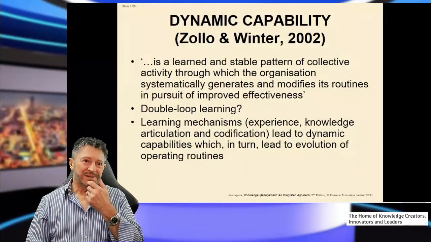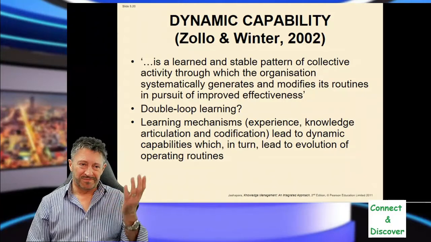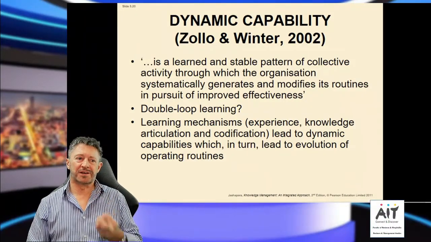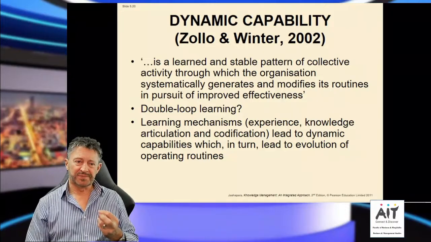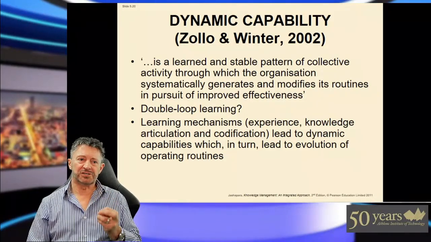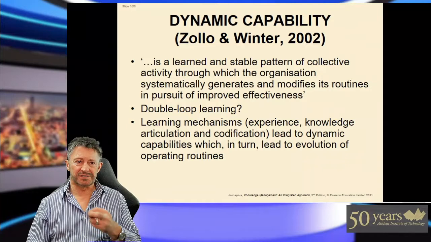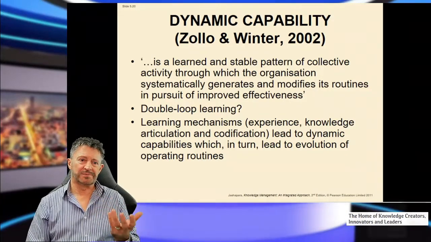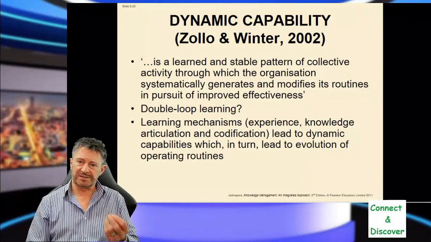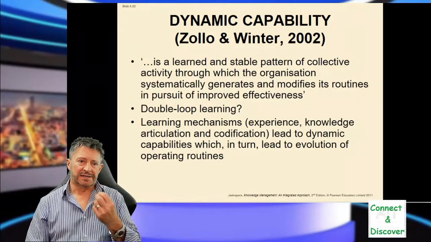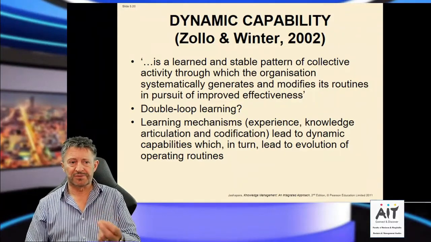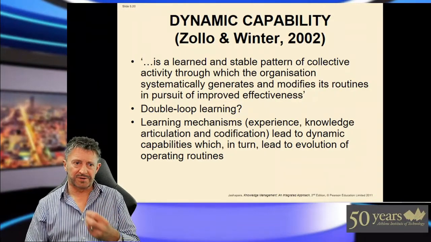So dynamic capability. Zollo and Winter: dynamic capability is a learned and stable pattern of collective activity through which the organization systematically generates and modifies its routines in pursuit of improved effectiveness. Double loop learning, essentially. So learning mechanisms, experience, knowledge articulation, and codification lead to dynamic capabilities, which in turn lead to evolution of operating routines.